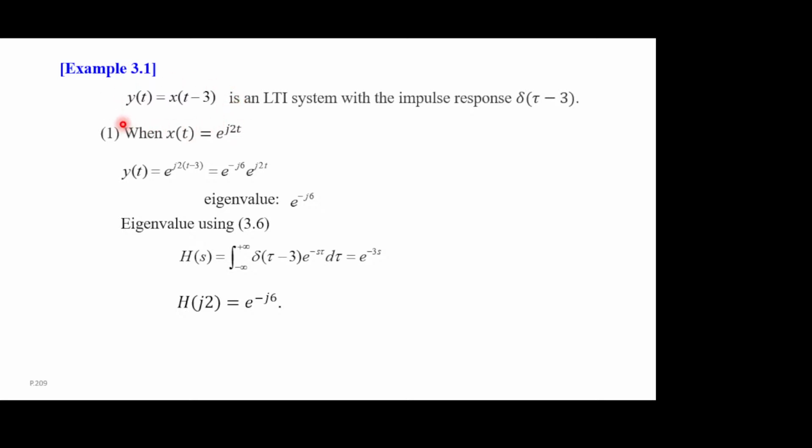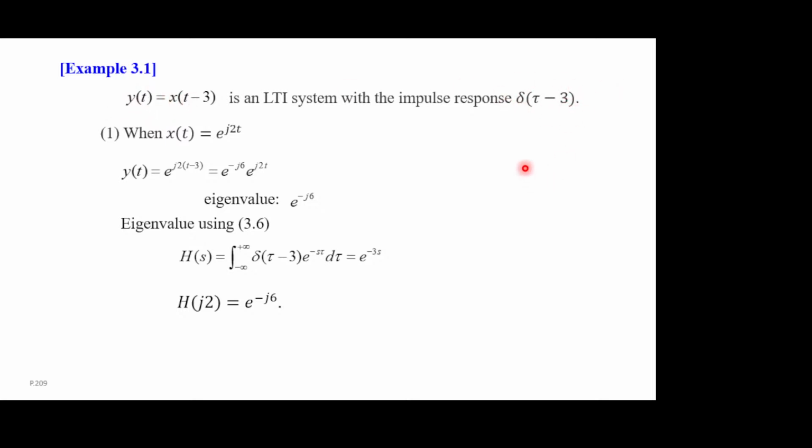It's a time delay system. So the output y of t equals x of t minus 3. Okay? And from what we said in the last chapter, the impulse response you can just calculate directly. So you put x of t equal to delta of t, then obviously y of t will be delta of t minus 3.